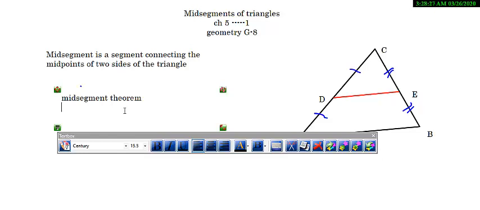states that if a segment joins midpoints of two sides of a triangle, then the conclusion.